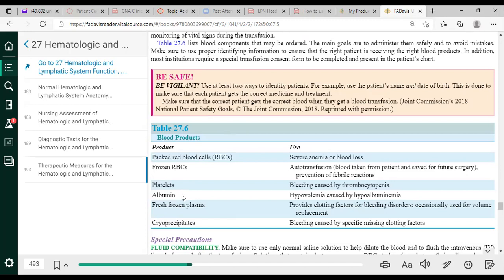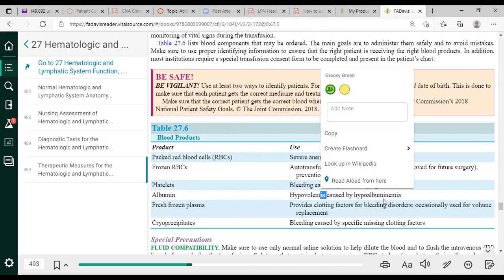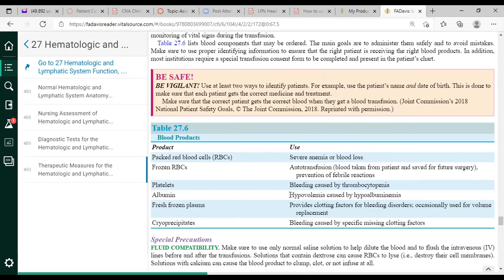When your albumin is low, it will result in low fluid volume. So it tells you hypovolemia can be caused by hypoalbuminemia. So low albumin can cause low fluid volume. High albumin actually works to pull fluid into the intravascular space, okay?